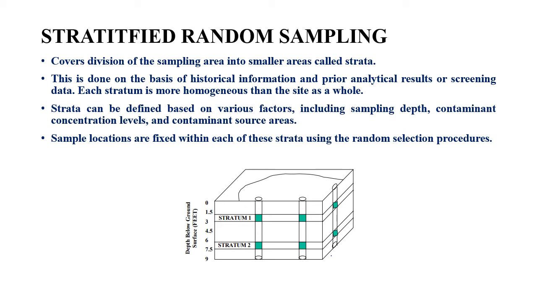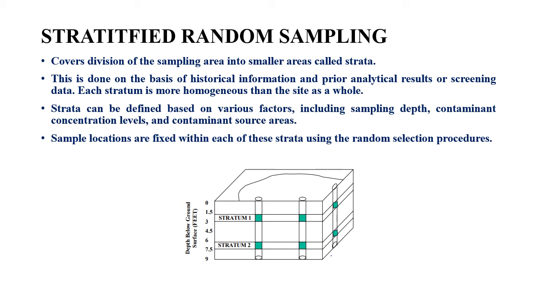Then, along one stratum itself, random points will be chosen as sampling points or locations. These green colored points are where your samples are going to be collected from stratum 1. These tube-like structures are random sampling points in one particular stratum.